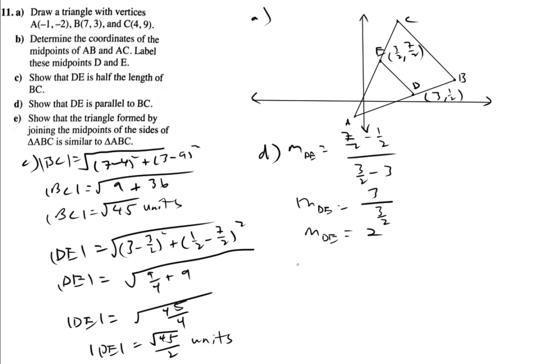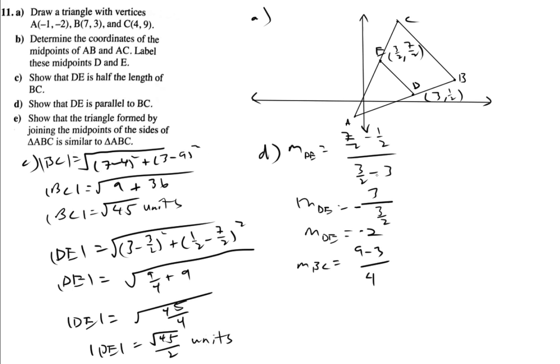Now we've already taken a look at DE, so now we look at BC. The slope of BC is going to be y2 minus y1, 9 minus 3, over x2 minus x1, which is going to be, oh sorry, this should be negative.